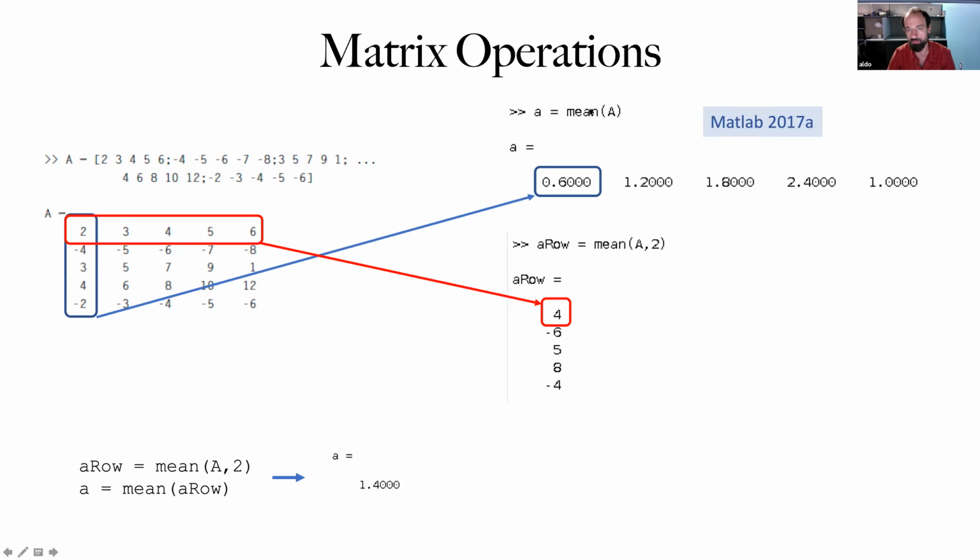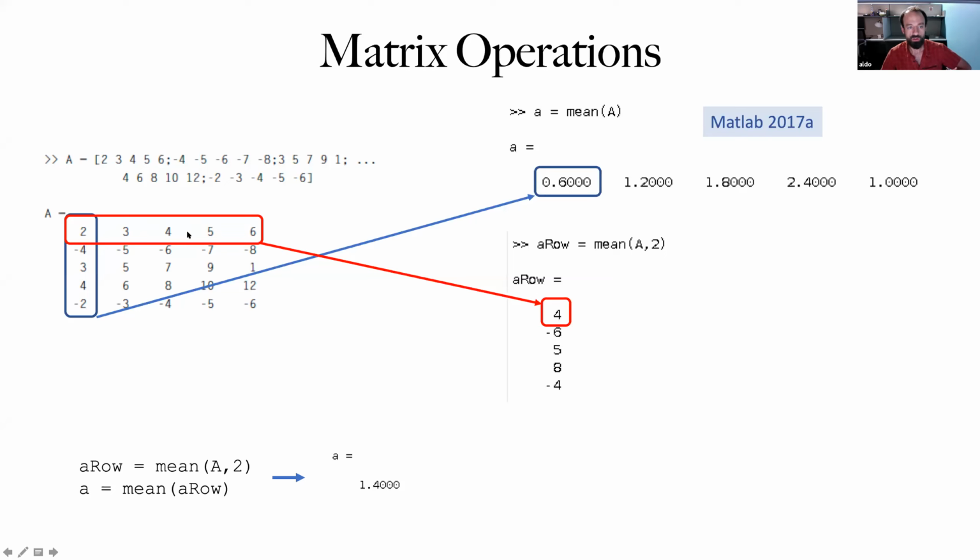One of these is mean, to calculate the average. If you use this function with this 5 by 5 matrix A, it will return the mean for each column. So your output will be a row vector, where each element is the mean of each column in the matrix.